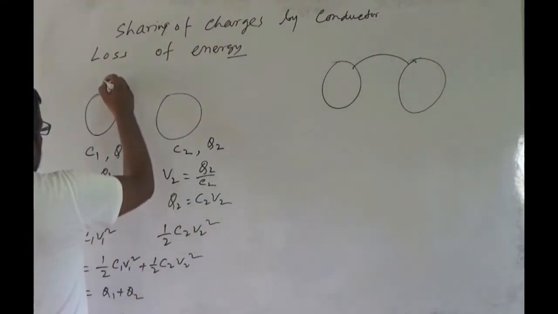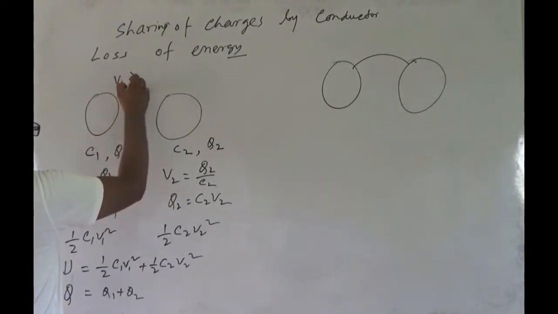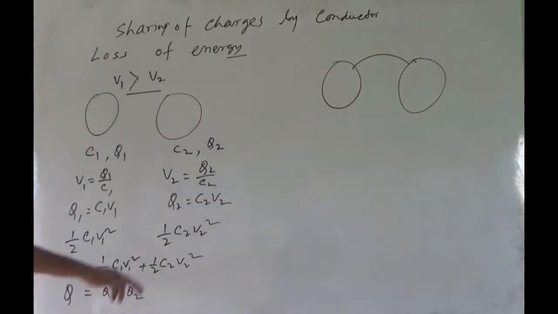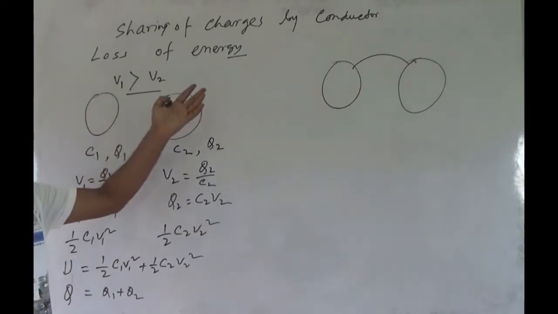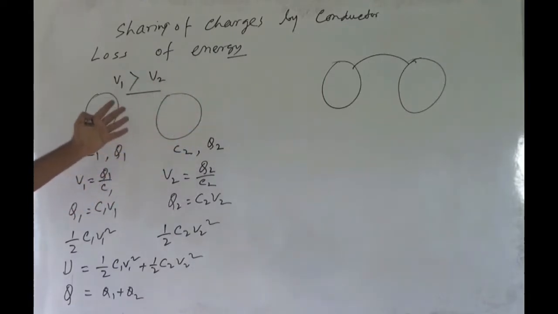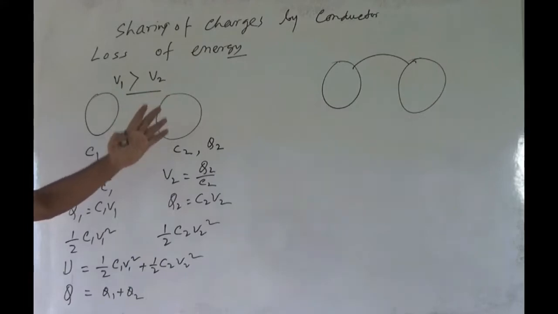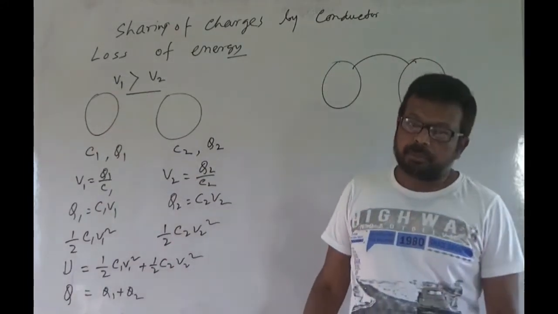Suppose the potential of this conductor V1 is greater than the potential of this conductor V2. You may consider V2 greater than V1 also, but I am taking that V1 is greater than V2. Then what happens? There will be a redistribution of charges.